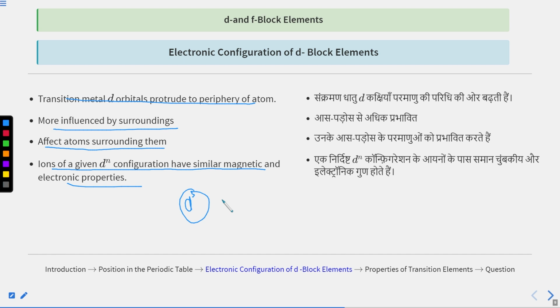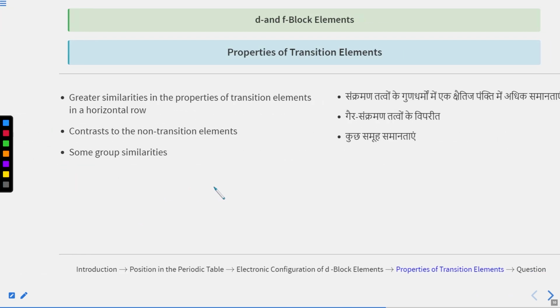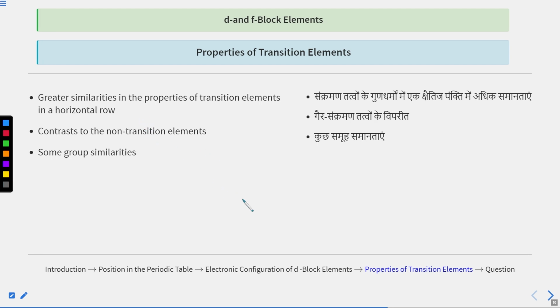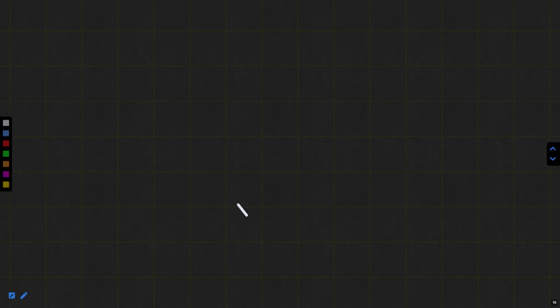Okay. So if we have the same number of d orbital electrons, then they will have the same magnetic and electronic properties. Then this is clear. But this is more pronounced if we have the elements in the same horizontal row. Okay. So suppose I'm taking an example, right?